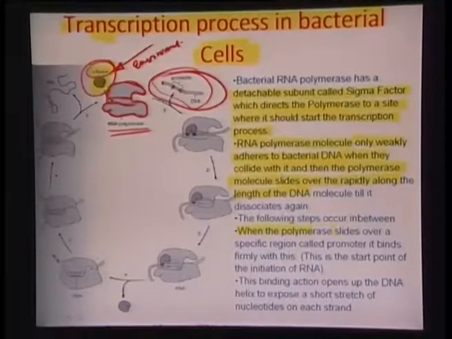So when the polymerase slides over the specific region called promoter, it binds firmly with this, and by binding we mean we are trying to cut the DNA chain open into two strands. It is removing the hydrogen bonds between the base pairs on the DNA and cutting it into two different strands.